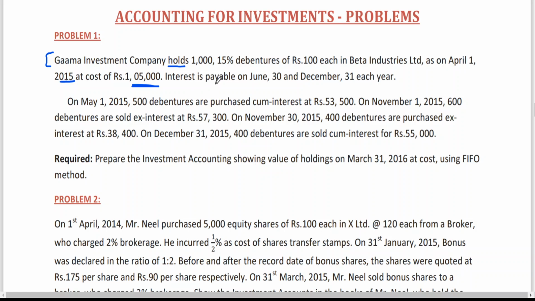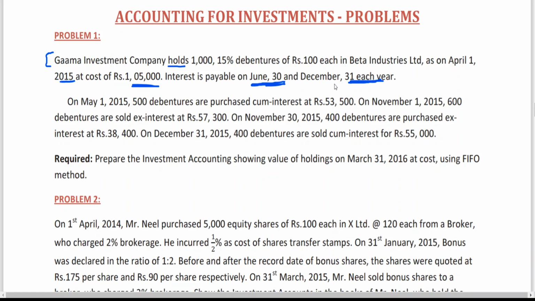and interest is payable on 30th June and 31st December each year. 2 dates. And whenever you have this point given here, 1st April 2015, but interest is payable on 30th June and 31st December, you should understand that there is an accrued interest.